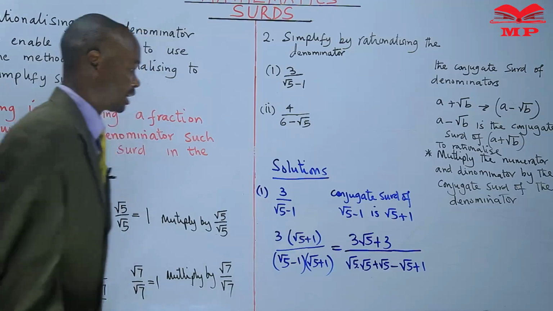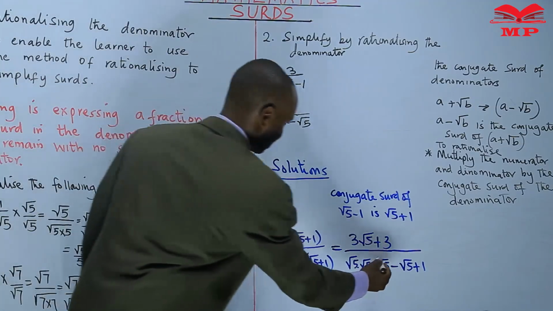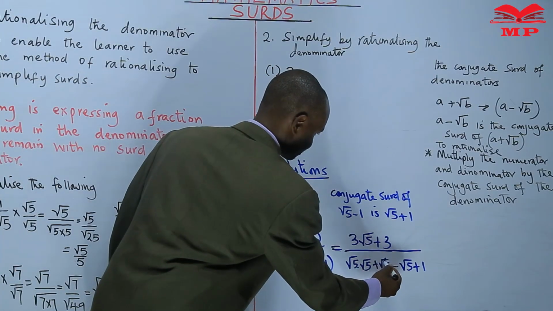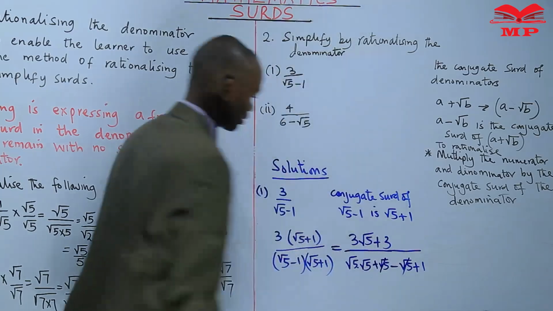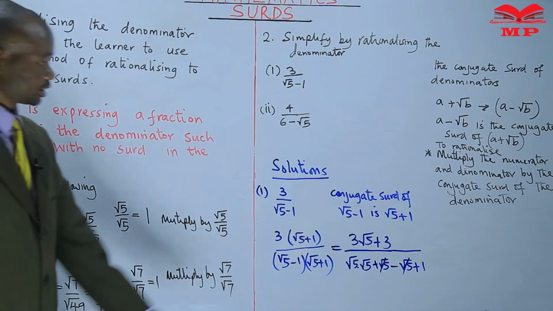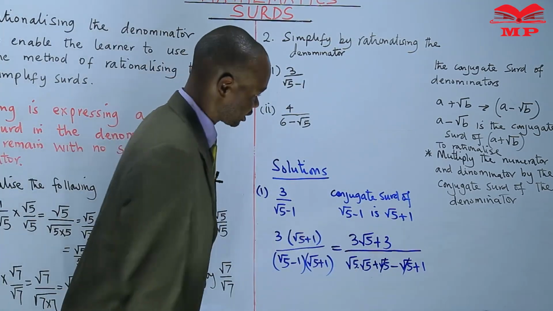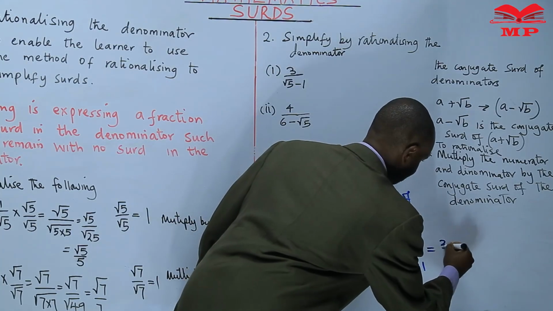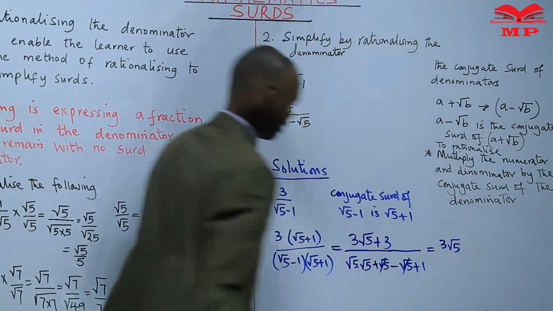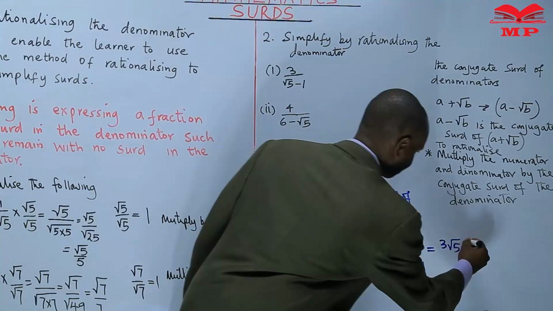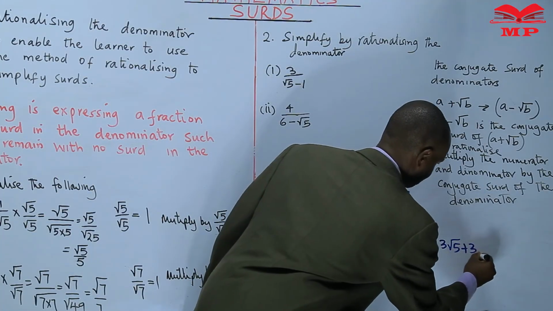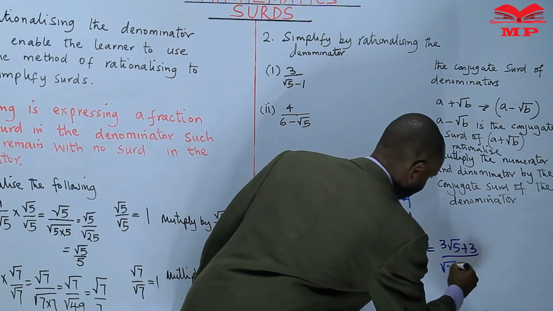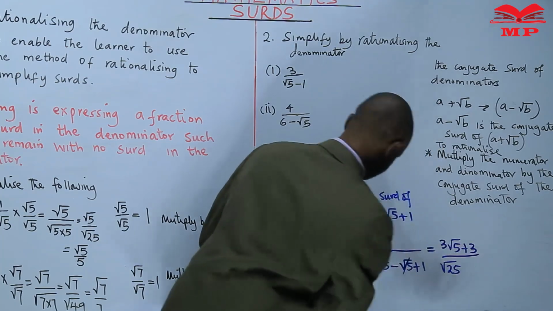Let's look at what will happen. This square root of 5 cancels with that square root of 5. Square root of 5 times 5 is square root of 25. So this will work to 3 square root of 5 plus 3 over square root of 25 plus 1.